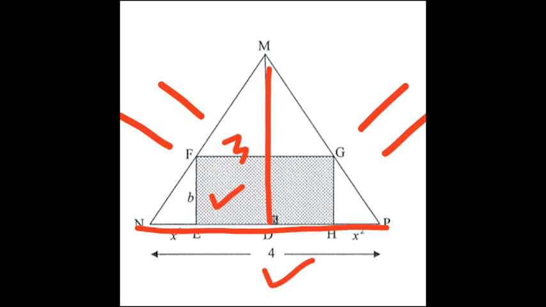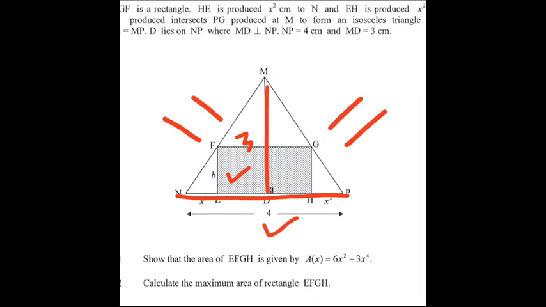Applying tan, with the angle at P, tan P is 3 over 2, because MD is 3 and DP is 2, since the 4 is in the center. Therefore DP is 2 centimeters, and ND on this side is also 2. So tan P is equal to 3 over 2.